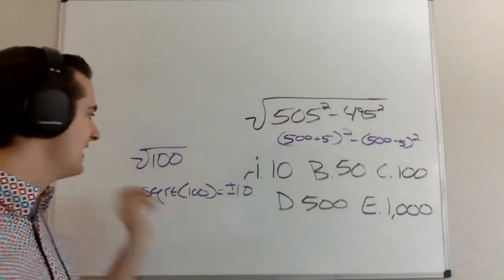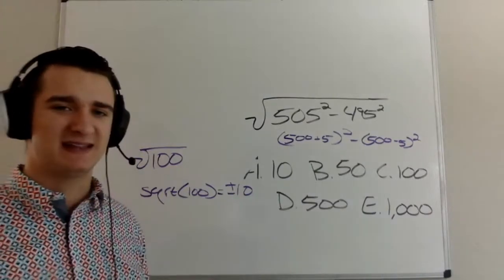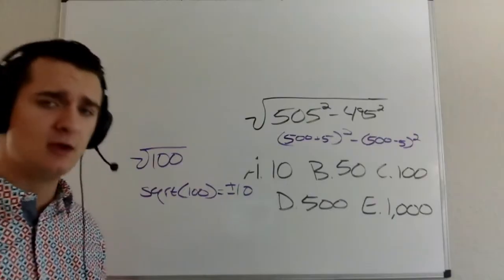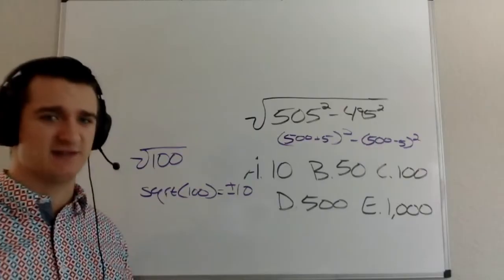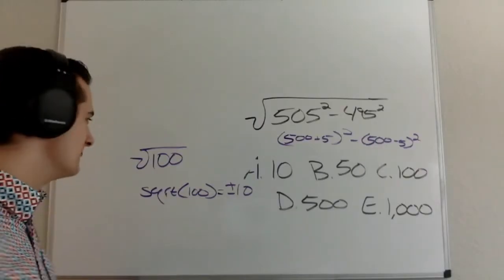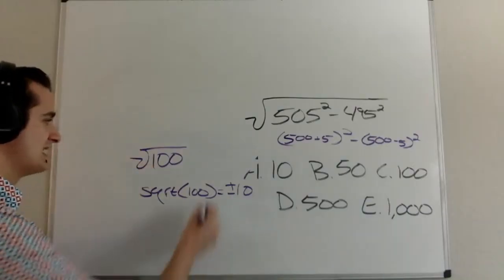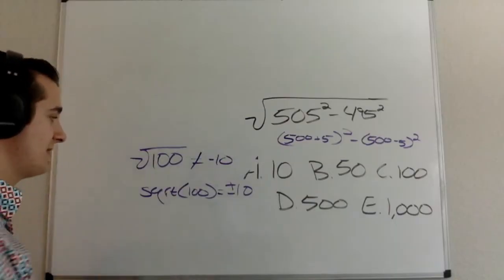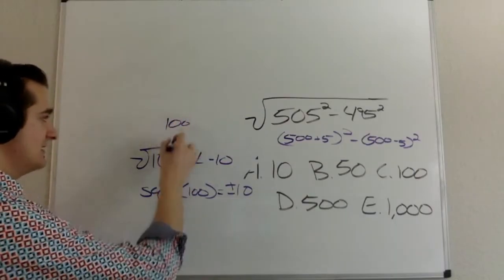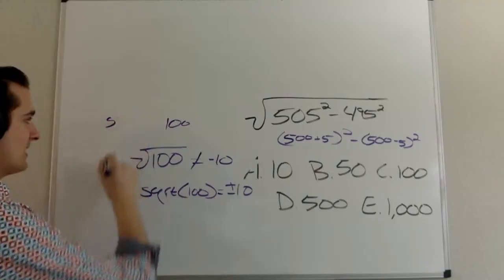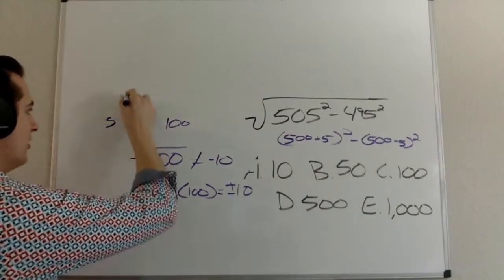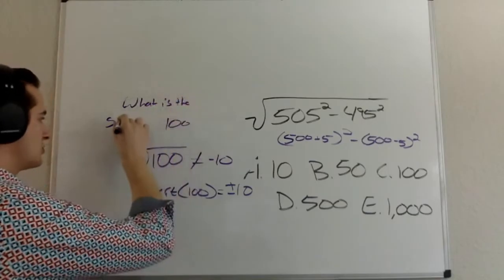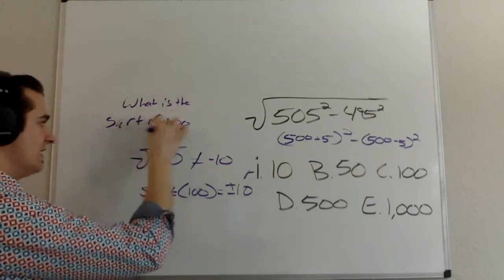Now, typically as shorthand, we'll just use that same symbol to mean take the positive and negative square root in our own work. But when you see that symbol on the test, it means to take the positive square root of that number. So if I see this written on the test, that's actually not equal to -10 on the test. Of course, if I'm given 100 and they ask me, for example, what is the square root of 100?